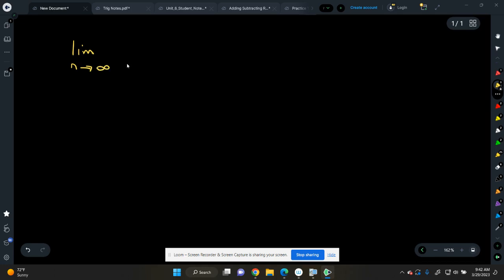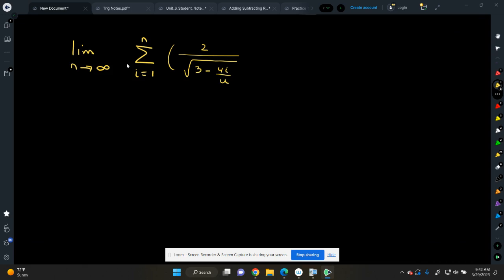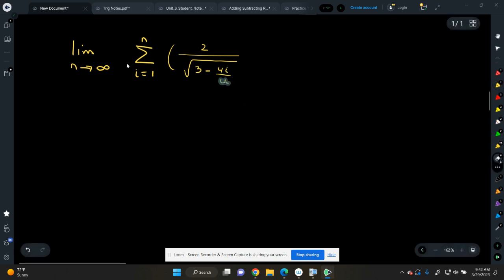The limit as n approaches infinity of the summation of i equals 1 to n of 2 over the square root of 3 minus 4i over n, times 1 over n. Okay?